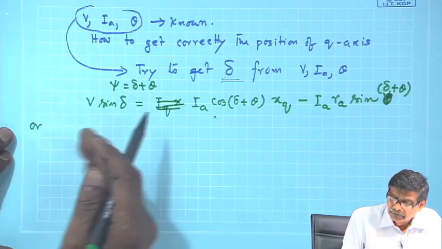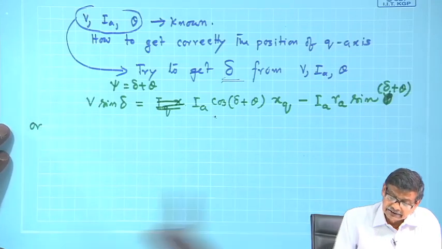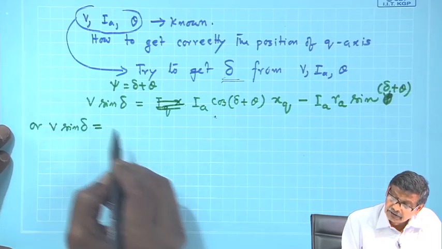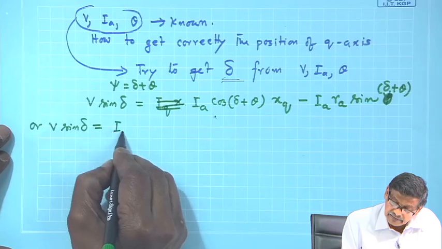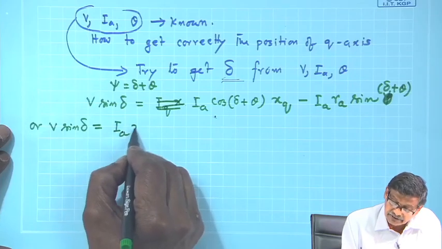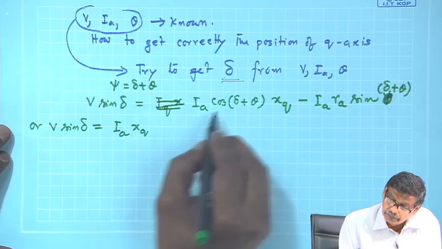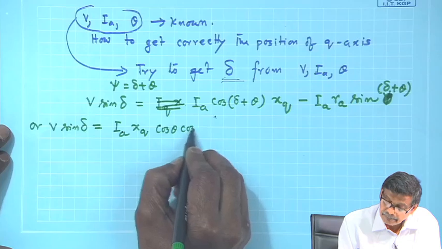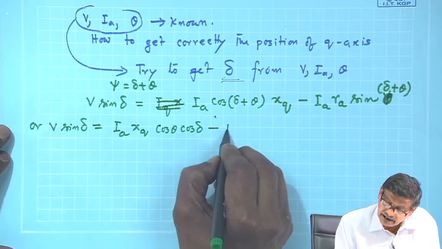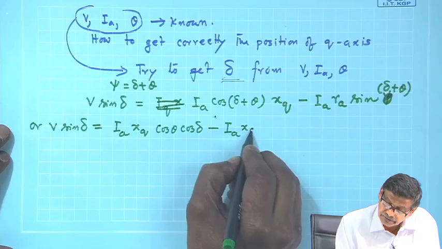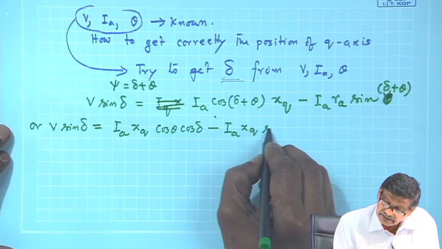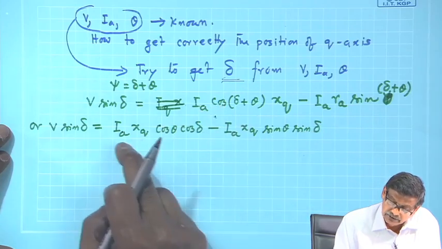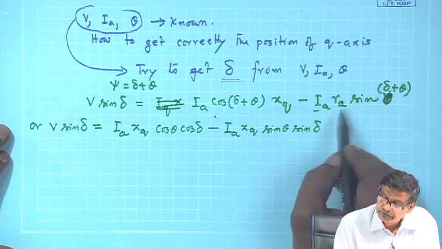Now, what all you have to do, a little bit of algebra here, that is you expand those terms. So, V sin delta will be equal to I A, this is I A not I q, into x q, and this you break up into two terms: cos A cos B, then minus I A into x q, sin A sin B. This will yield two terms and this term also gives you two terms.